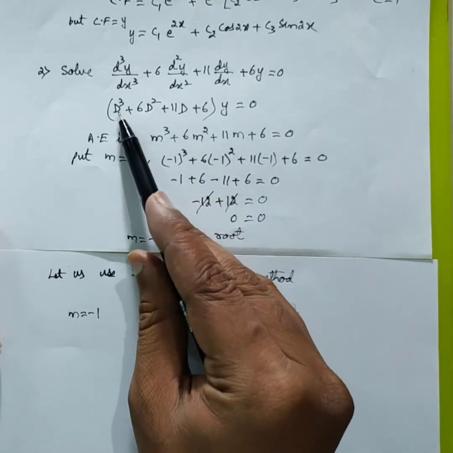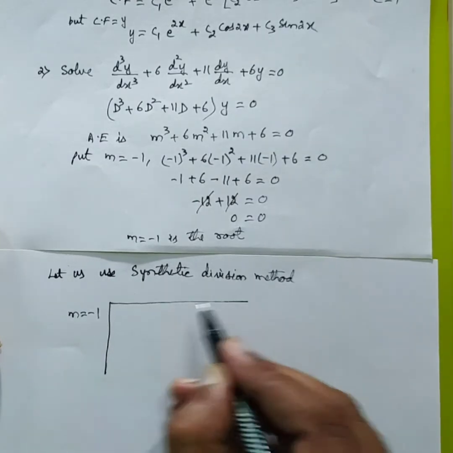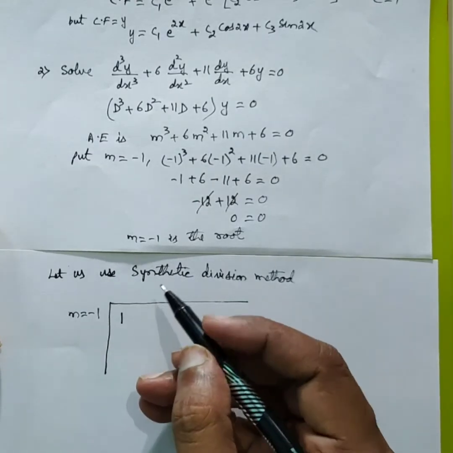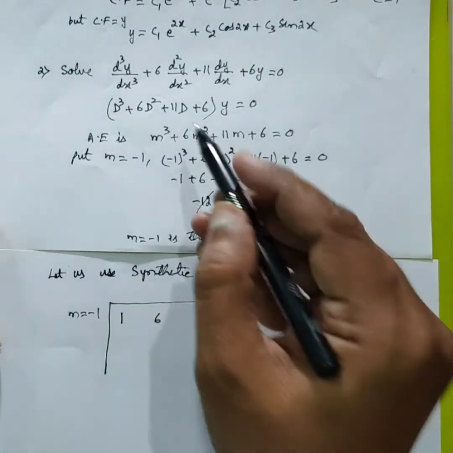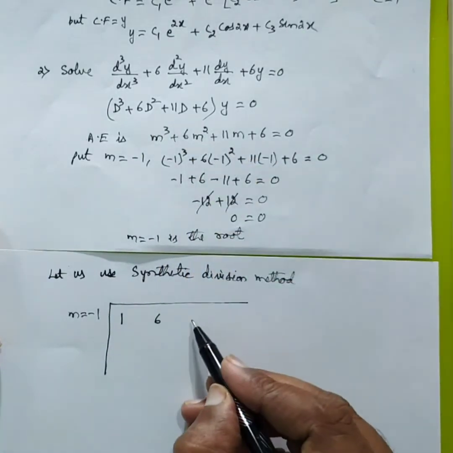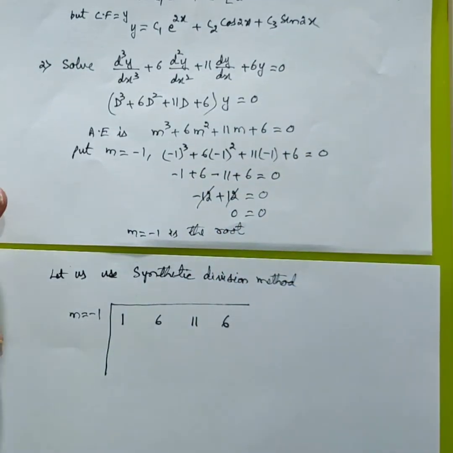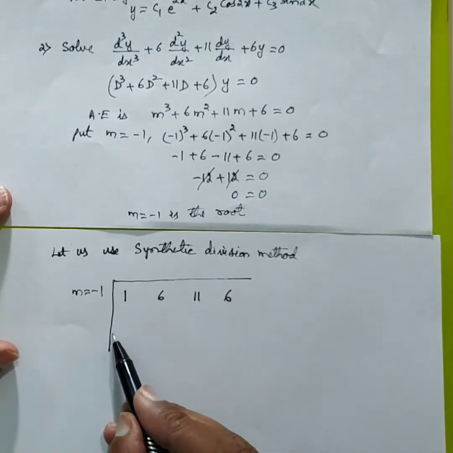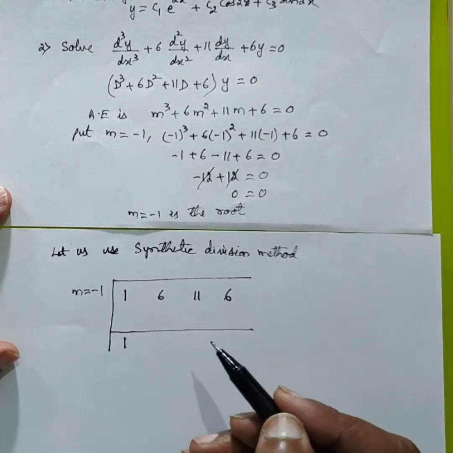Let us take the coefficient of D cube to be 1. The D cube coefficient is 1, D square coefficient is 6, then the D coefficient is 11, then the constant value 6. Now I'll take this value of 1 as it is.